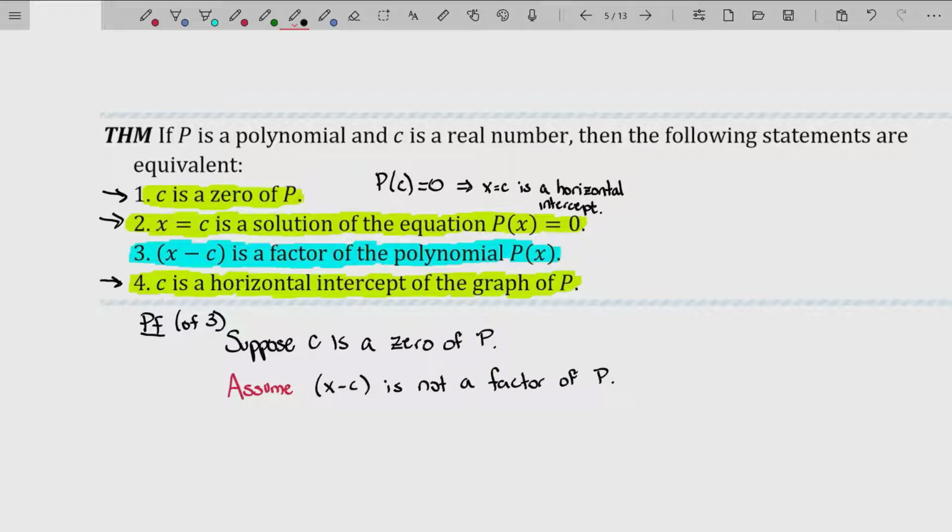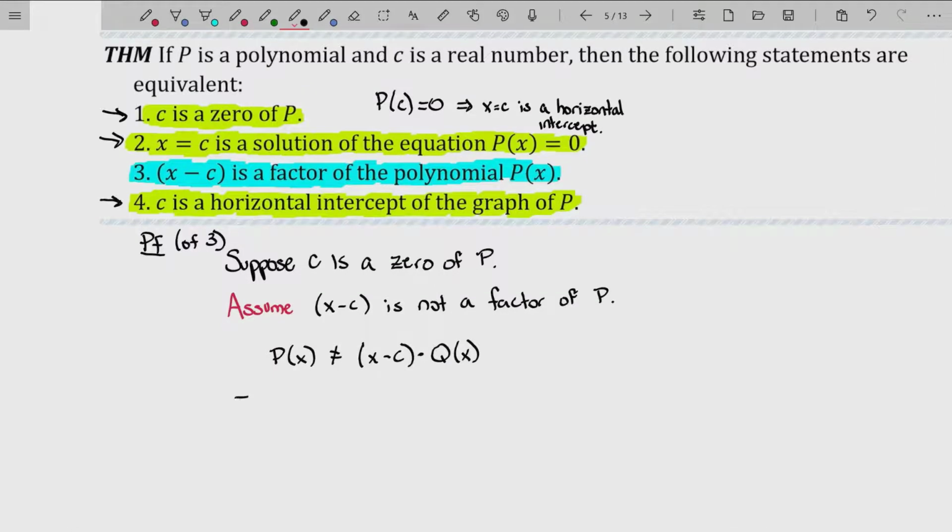This basically means that p of x itself is not equal to x minus c times some other polynomial, we'll just call that q of x, because we're saying x minus c cannot be factored out, so p of x can't be the product of x minus c and some other function. But this is actually a direct contradiction to something that we know must be true. This implies, or maybe I should actually use language here.